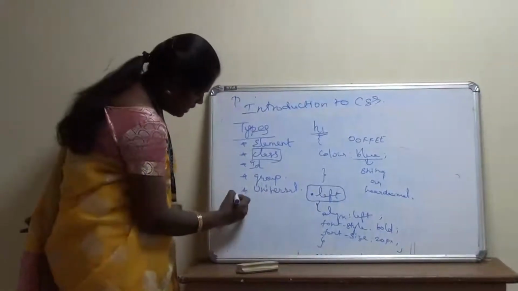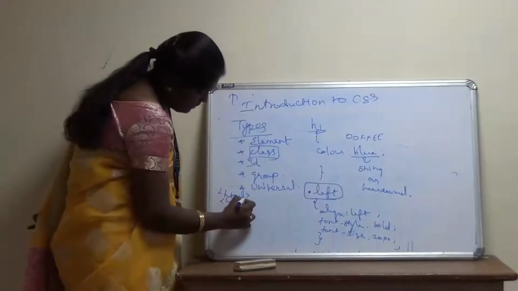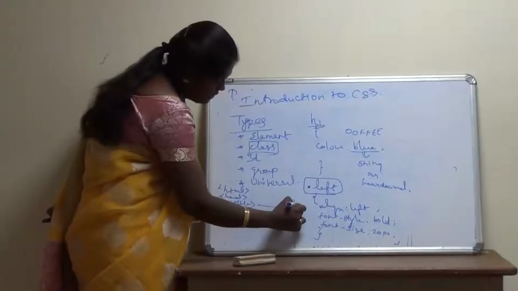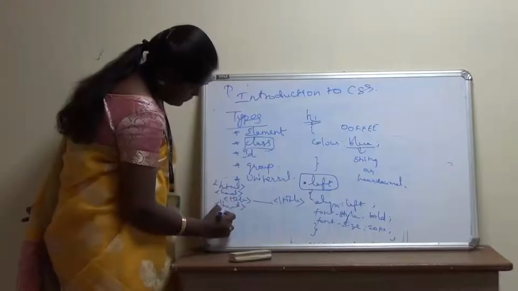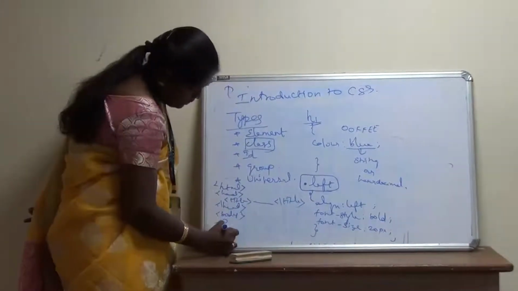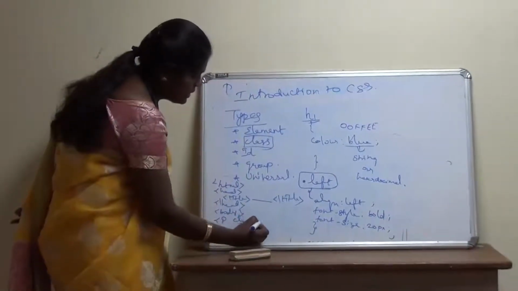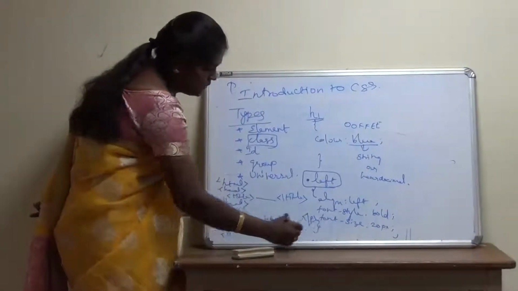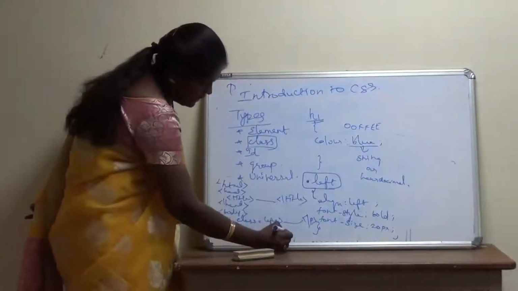For example, I have an HTML program. Inside the head I have a simple title. You can give your own choice of title. Within the body I have three paragraphs: paragraph 1, paragraph 2 and paragraph 3. In the first paragraph I use the class left, then the paragraph content, and I close the paragraph. In the second paragraph I simply give the content and no class selector.